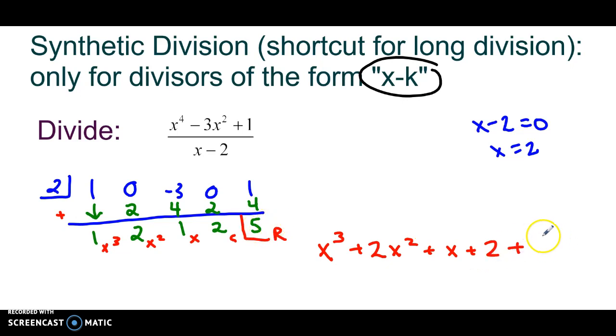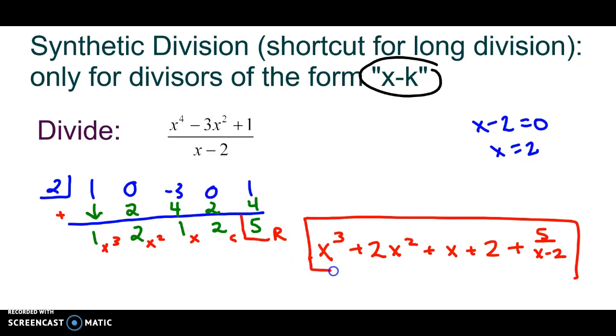And then for my remainder, it's going to be my remainder over my divisor, which was x minus 2. And here's my final answer. Wasn't that so much easier than doing the long division? I like to think so.